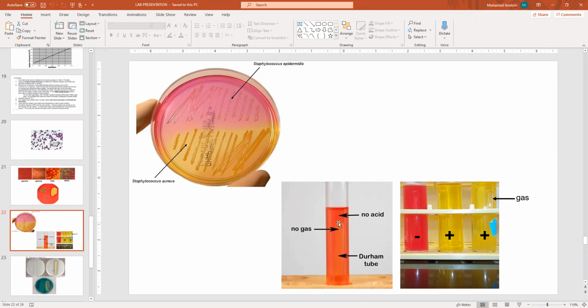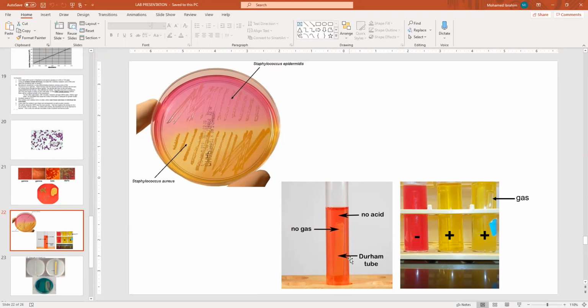We have an inverted tube. We call this tube the Durham tube. You need to know the name here because maybe it will give you a picture like this in your practical, and it will point out this tube and ask you the name of this tube. So you need to know that this is the Durham tube.